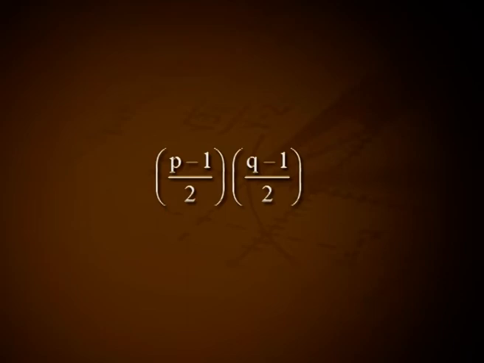If p, q are both congruent to 3 mod 4, the integer (p-1)/2 times (q-1)/2 is odd. Otherwise, it is always even.